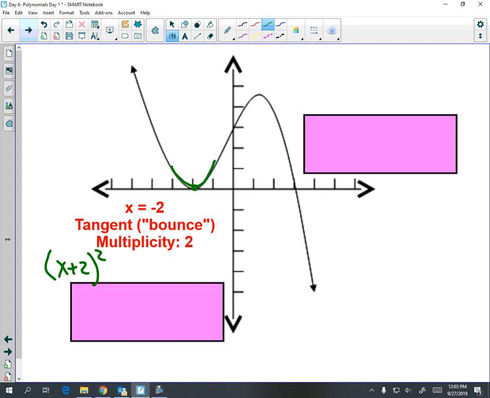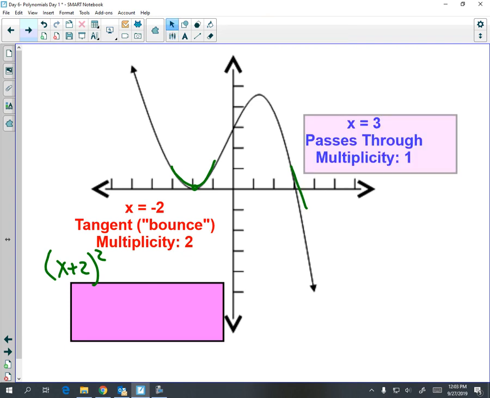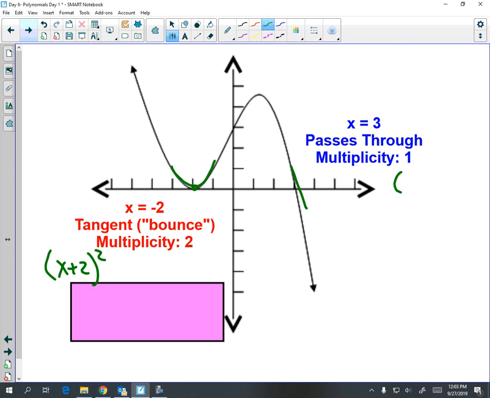Our other x-intercept goes straight through at x equals 3, which means it has a multiplicity of 1. This would be x minus 3. It happened one time. A possible equation for this graph could be x minus 3, which happened once, and x plus 2, which happened twice.